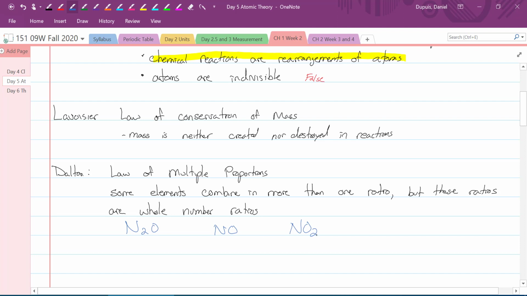Right? NO2 minus, NO3 minus. There we go. There's 5 different NO compounds right there.